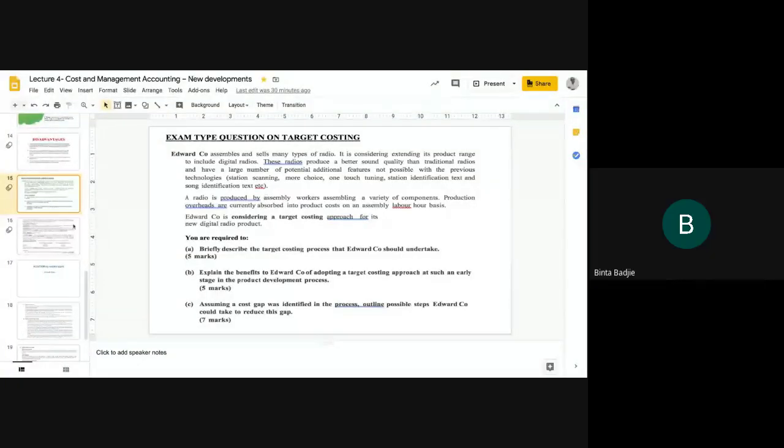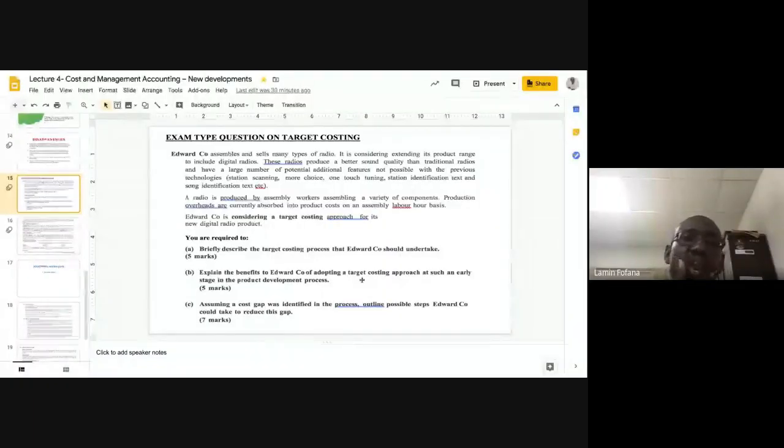Unlike the other costing techniques, where there is no consideration for the market price of similar products and the cost is not challenged. Excellent, that's a valid point. Anyone else?